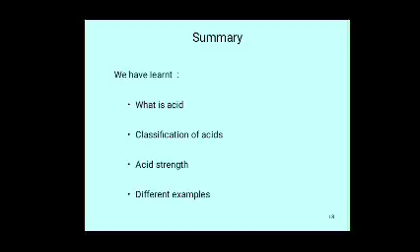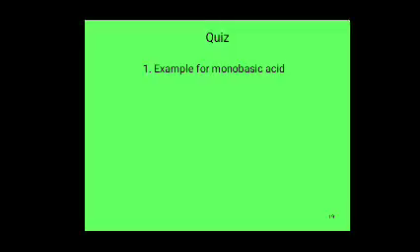Different types of acids and bases with examples. Quiz: example for monobasic acid. Options: A, NaOH; B, H2O; C, NaCl; D, HCl.